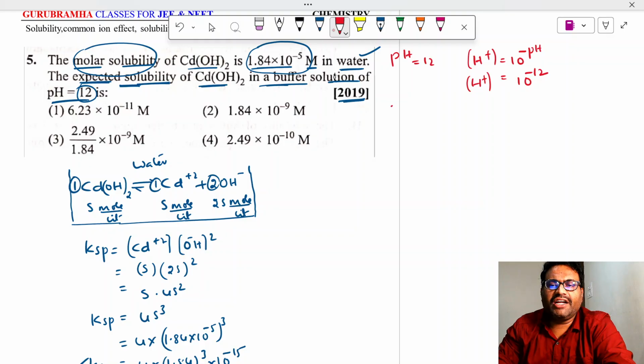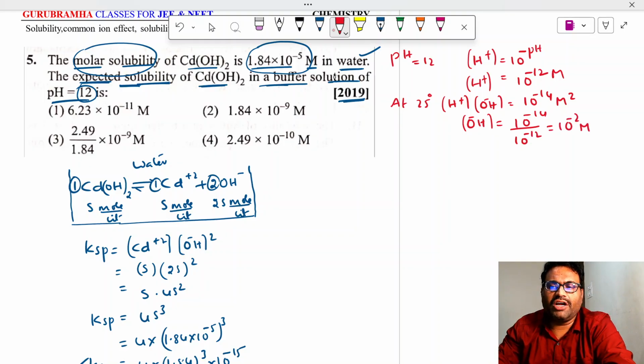And we know that at 25 degrees centigrade, H plus concentration into OH minus concentration is equal to 10 power minus 14 mole square per liter square. Then OH minus ion concentration is equal to 10 power minus 14 by H plus concentration, which is 10 power minus 2 molar. Now we have the OH minus ion concentration.